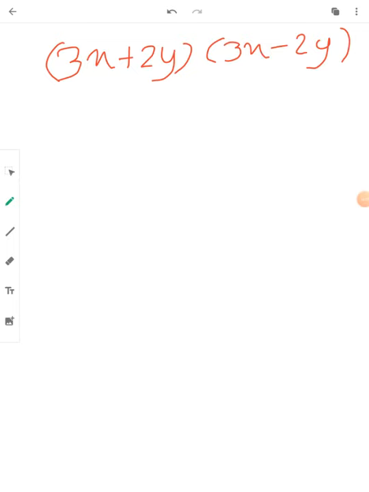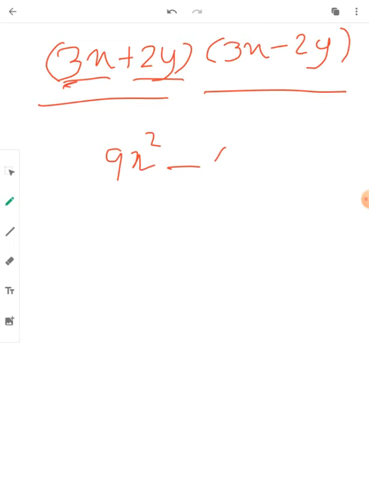When you look at this kind of question, when you multiply two similar things, but if you have plus and minus over here, what you can do is you can write like this: squared of this, squared of this. In between you can write just minus like this. Squared of 3x is 9x squared. Squared of 2y is equal 4y squared.